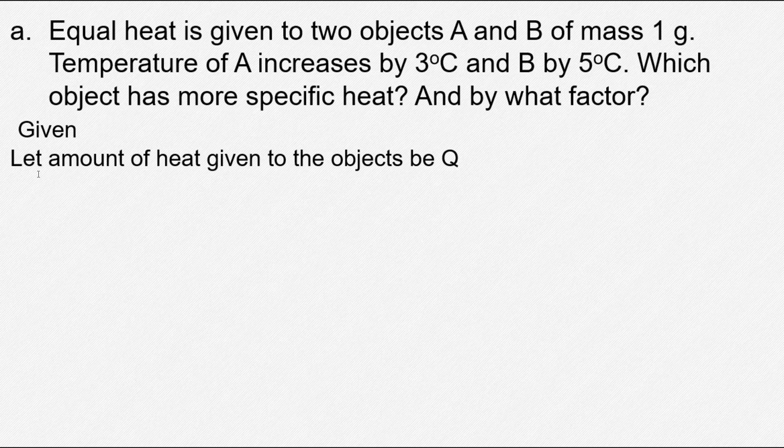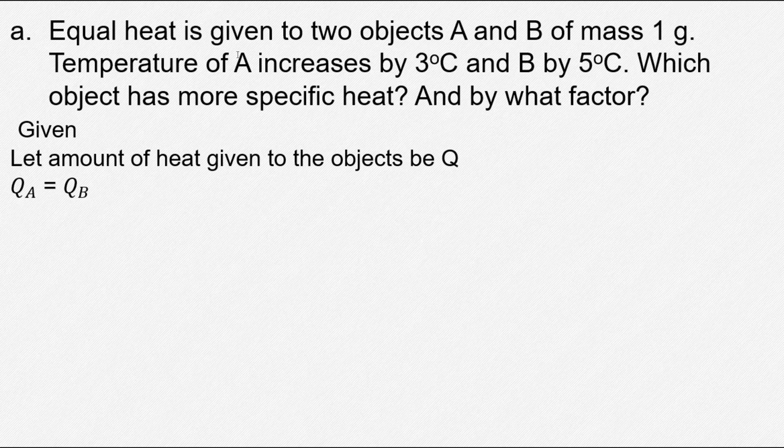So let us take the amount of heat given to object A as QA, and for object B we can take it as QB. So we can write QA is equal to QB, since it is given that equal heat is given to the objects.